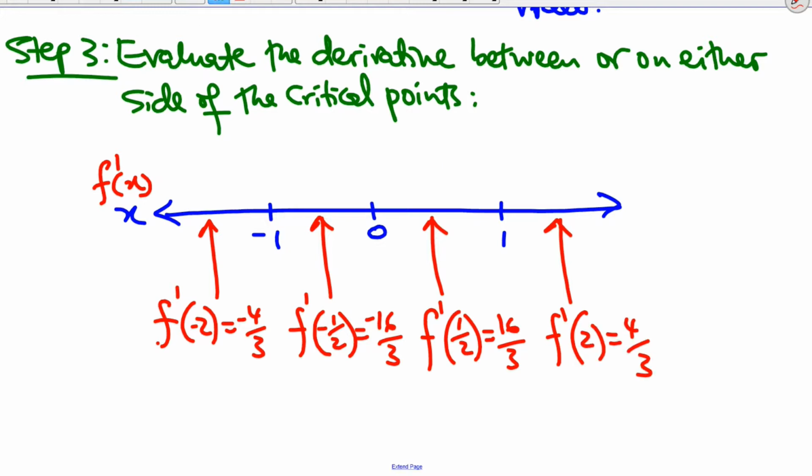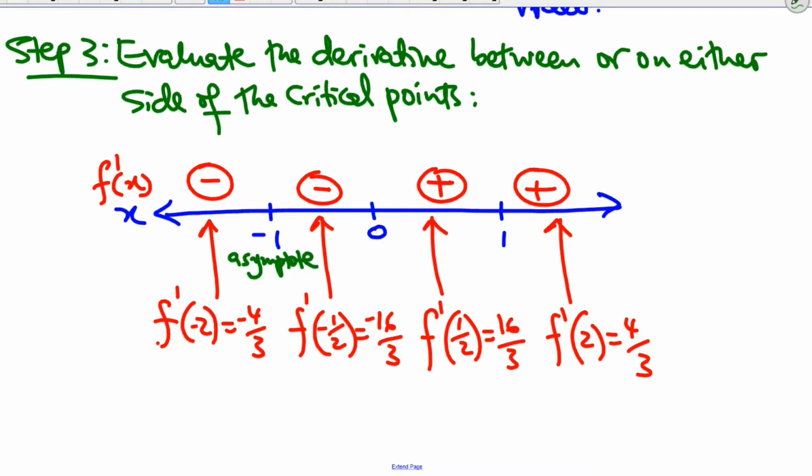So we looked at the signs and we said here it's negative, here it's negative, here it's positive, and it's positive here as well. But we said that this is an asymptote, so it cannot be a maximum or a minimum, and this is also an asymptote. It's not a maximum or a minimum.